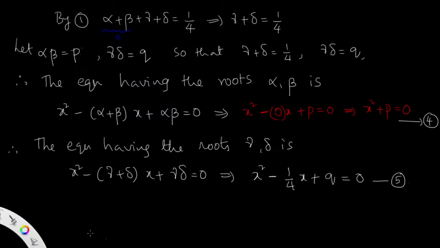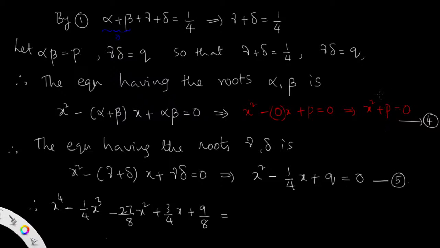Now we have to find the combined equation, that is equation 2. The given equation is x to the power 4 minus 1 by 4 into x cube minus 27 by 8 into x square plus 3 by 4 into x plus 9 by 8, equal to the combined equation of this and this.